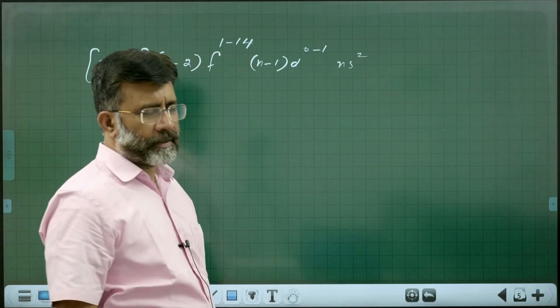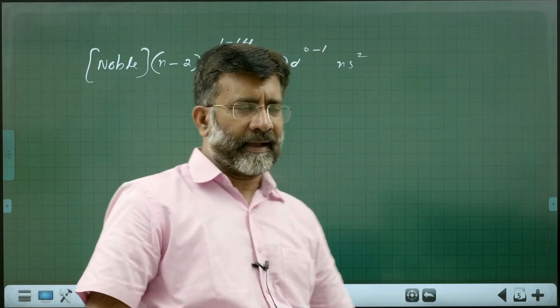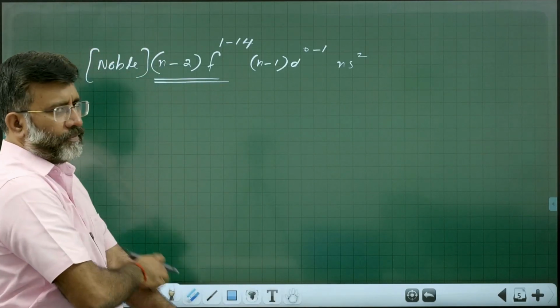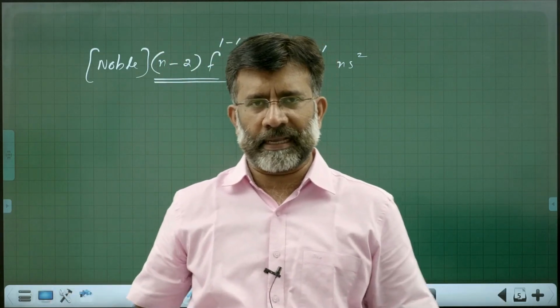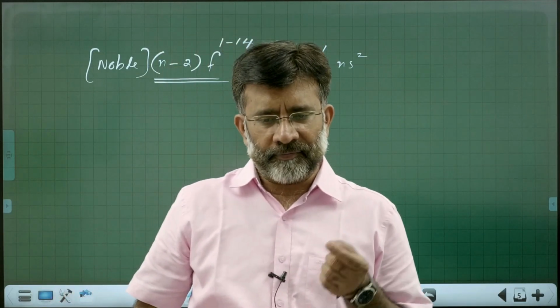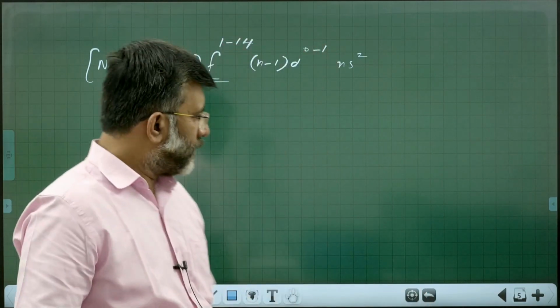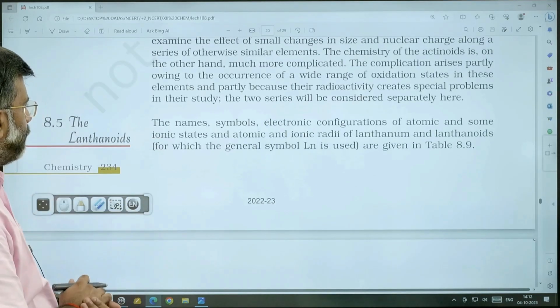This is the electronic configuration of the f block series, with filling happening in the f orbital. There are two series: 4f filling in lanthanoids and 5f filling in actinoids. So let's go through lanthanoids in detail.